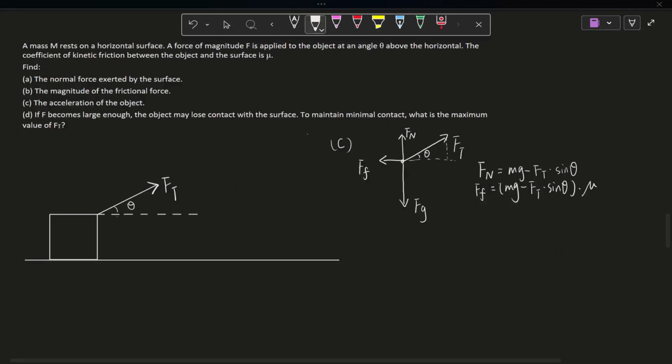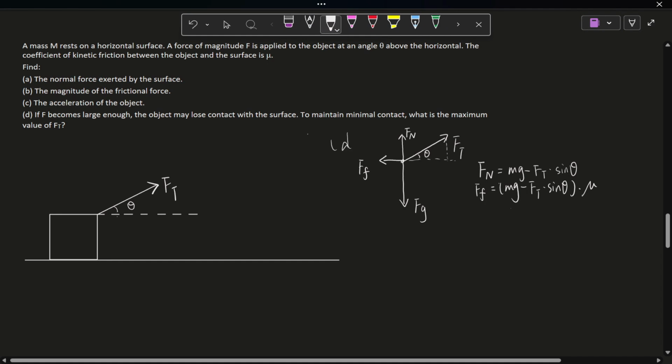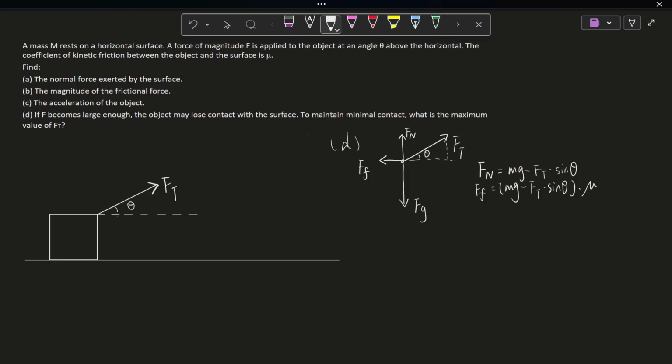Now let's solve the D part. If Ft becomes large enough, the object may lose contact with the surface. To maintain minimal contact, what is the maximum value of Ft? For this question, what I would do is first analyze the words in the question. The object may lose contact with the surface.